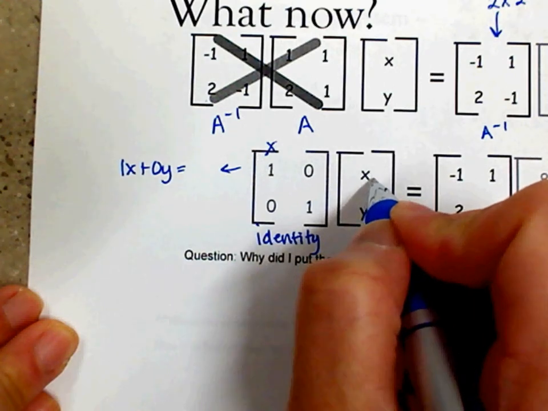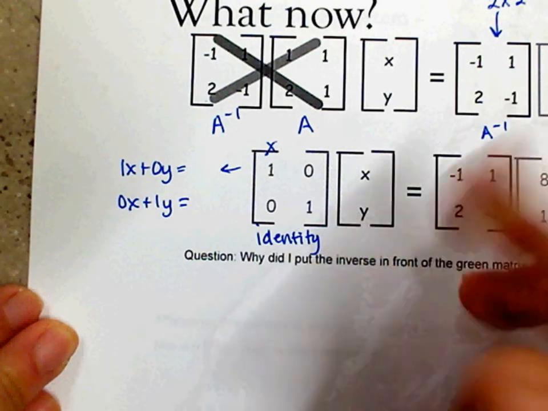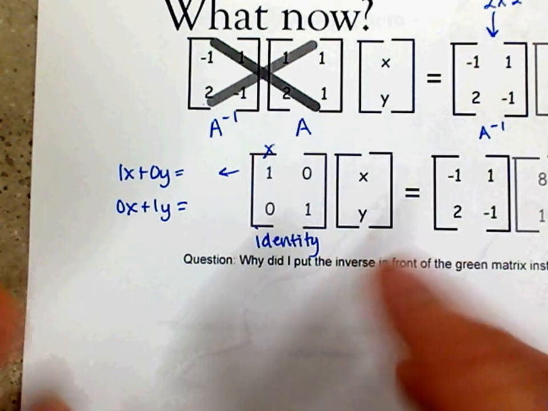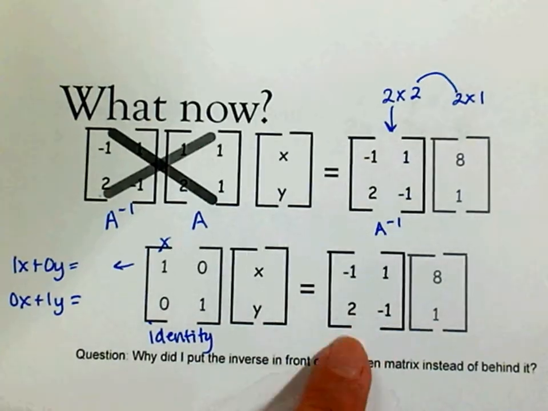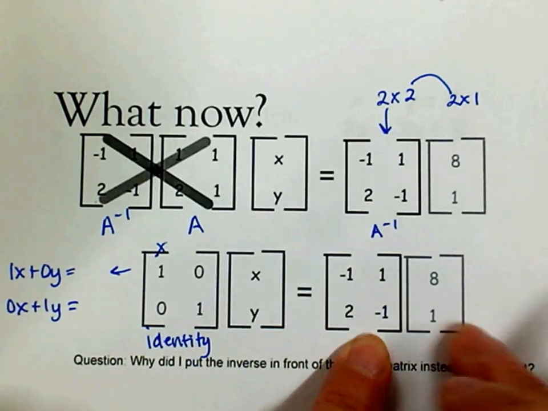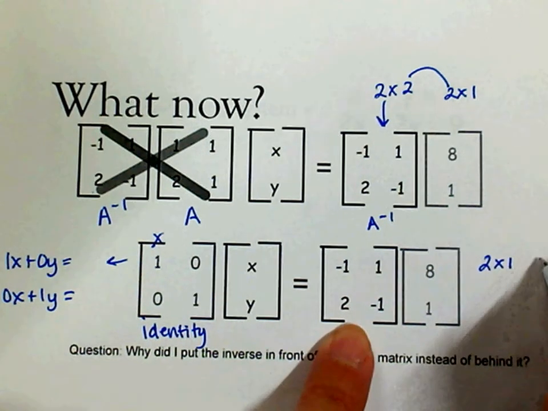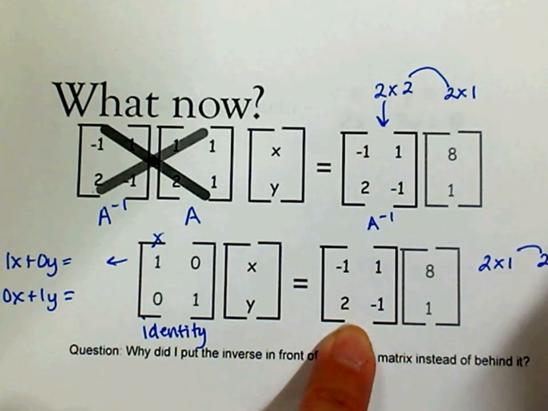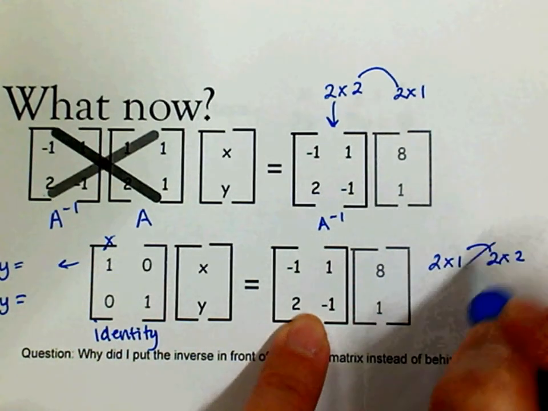And over here it's 0x plus 1y equals y. Okay? So there's your identity matrix. And yes, you have to put this one in front, because if you have it reversed, say you write this one first, and then you write the identity, notice you cannot cancel them out. Okay? So yes, no. All right.